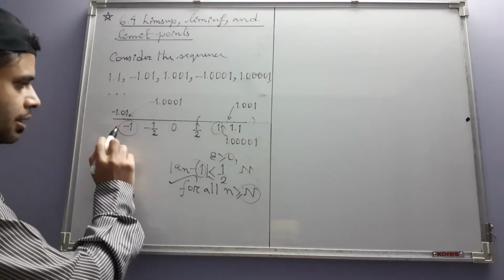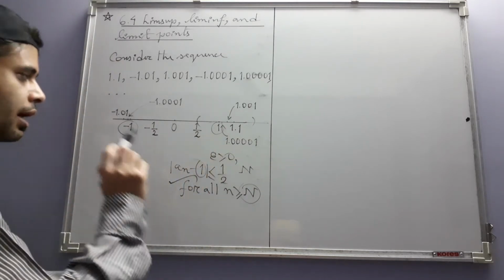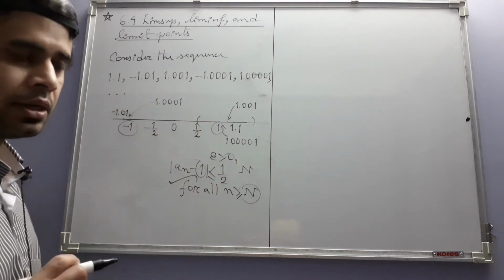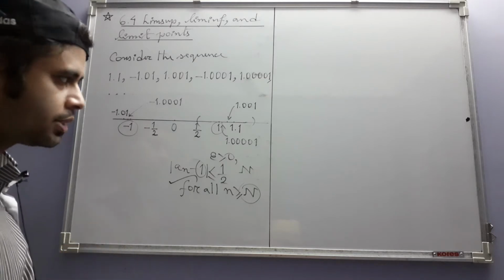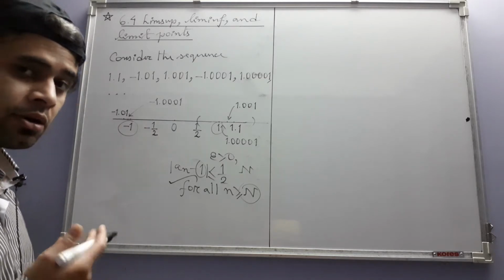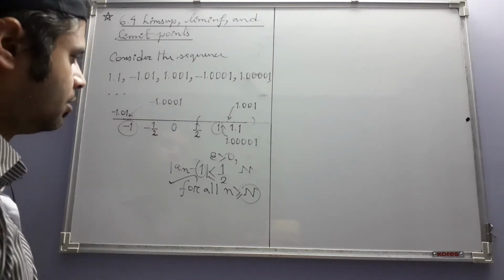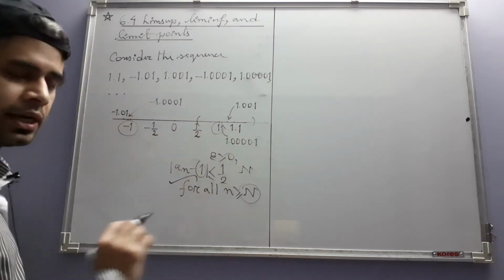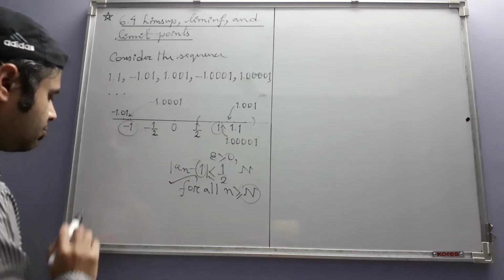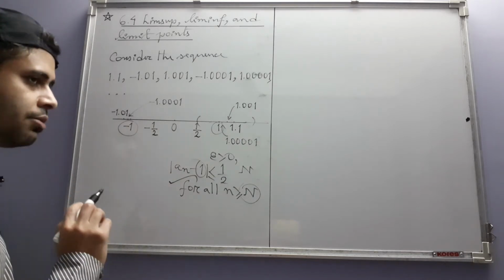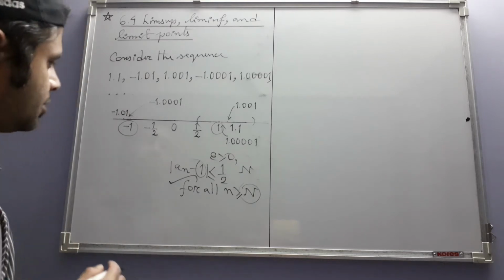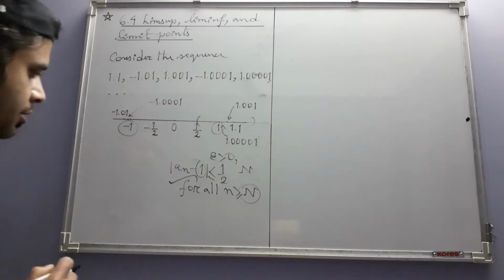So that's why you can see that this sequence neither converges to 1 nor converges to -1. In fact, this is not a Cauchy sequence, so it cannot be convergent at all. For example, because of this positive negative problem, the sequence is not eventually 1/2 steady. So how can it be a Cauchy sequence? So that's why it cannot be convergent also.